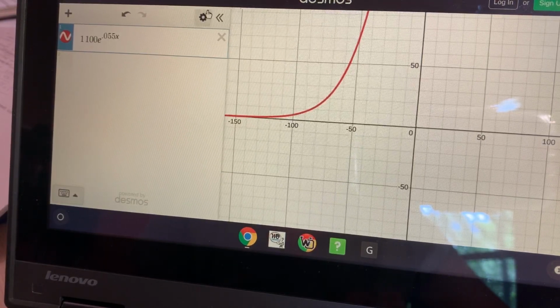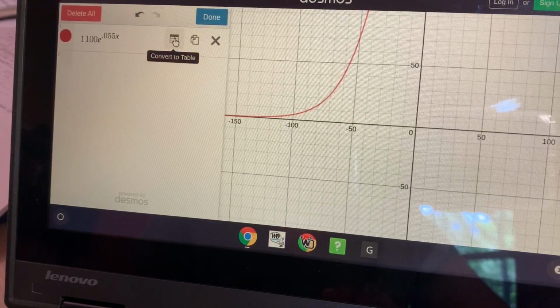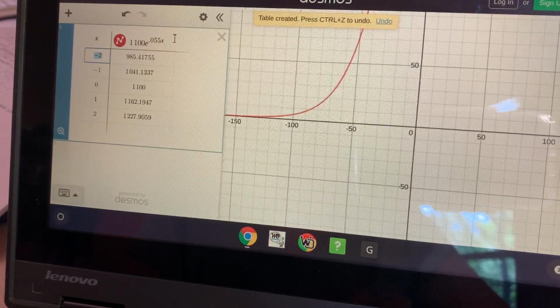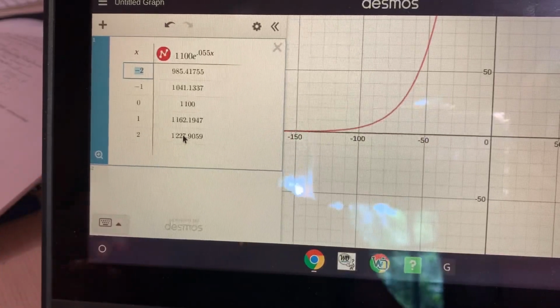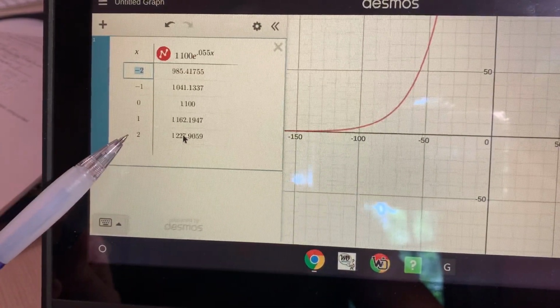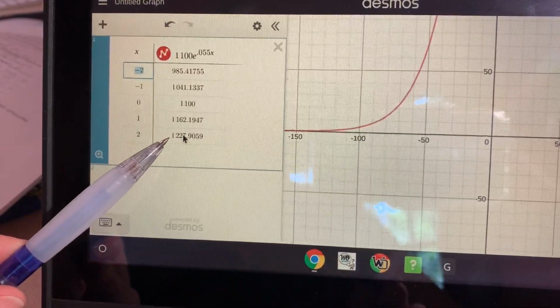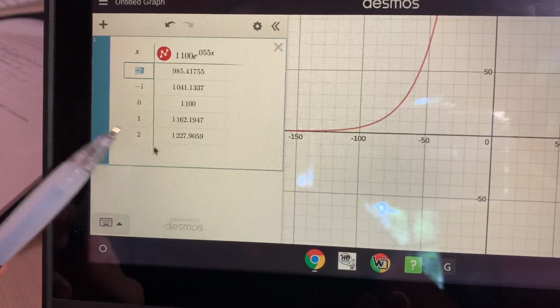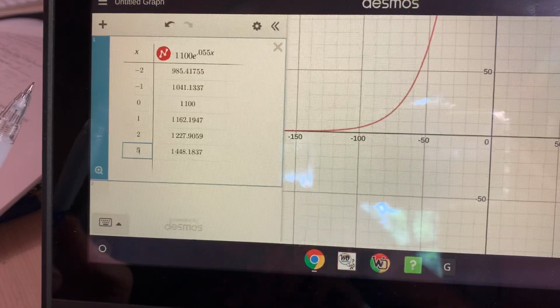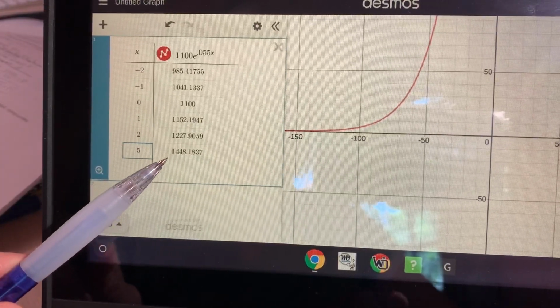But remember, we're mostly interested in the table. So click on your gear, click on your table. And the question asks how long to get to 2,000. So this tells me after 2 years, or X is 2, my Y looks like 1,200. So I need something bigger. So I'm just gonna check 5 and see what happens. So that's 1,400.